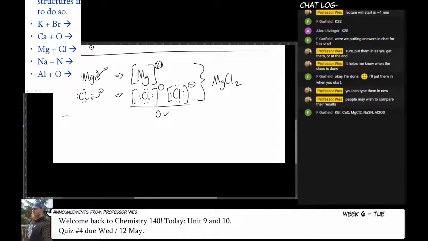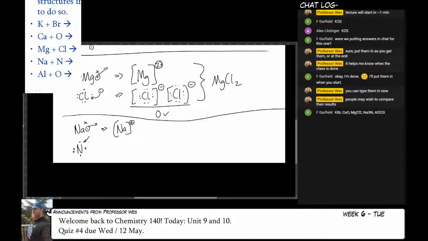And then I'm going to try and cram it in here. Sodium has 1 electron. We're going to get rid of that. There we go. Here's my nitrogen. Nitrogen has 5 valence electrons.